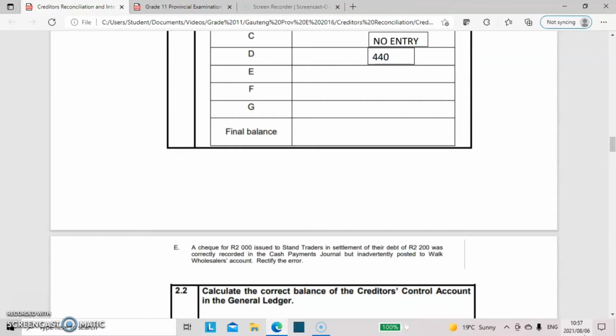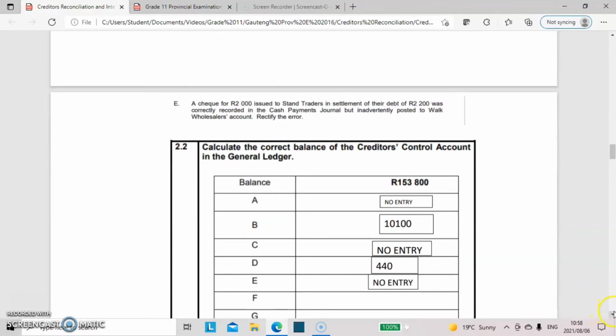But then I made a mistake with the individual creditors. So I made another creditors account list with 2,200 instead of Strand Traders. We're not going to use the 2,000 amount. We use the 2,200 because they gave us a discount and we only had to pay 2,000 Rand. But it makes our whole account 2,200 less. So here by number E, you will see no entry.